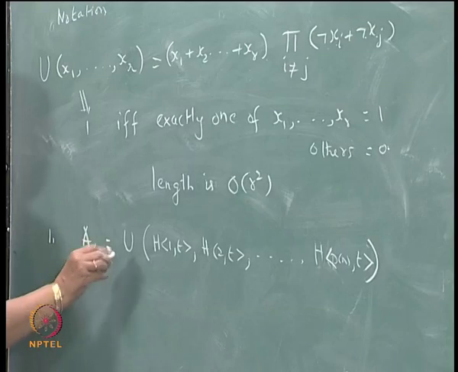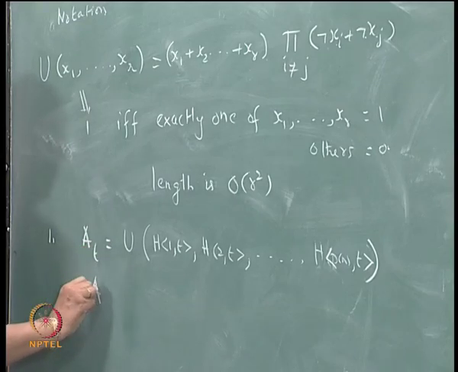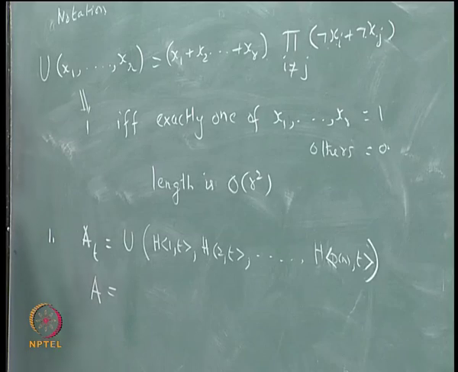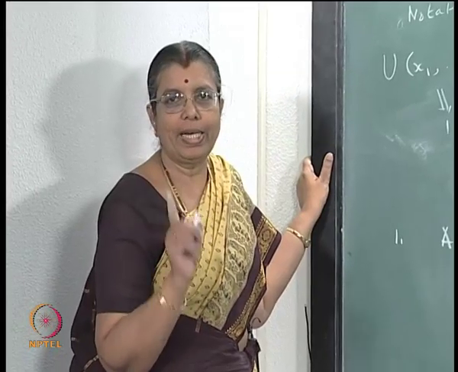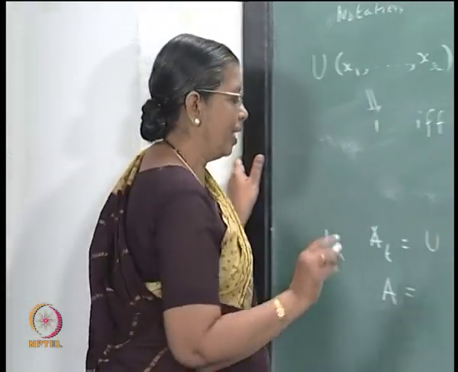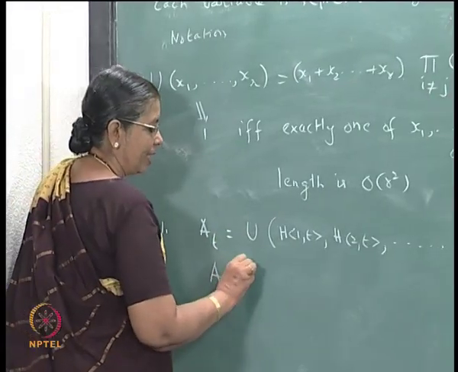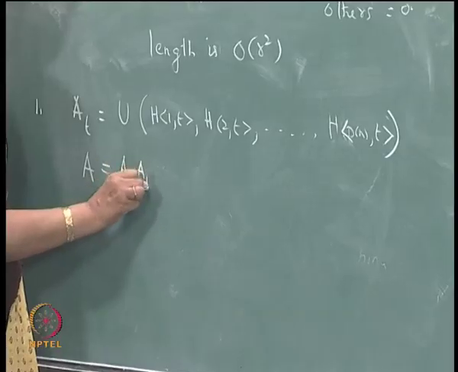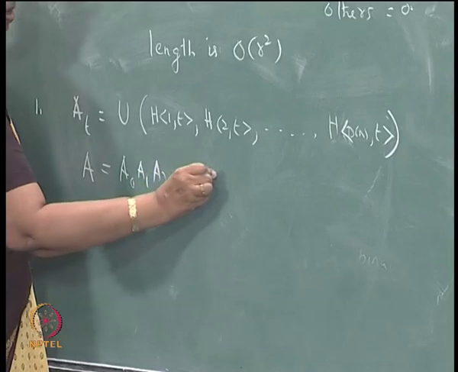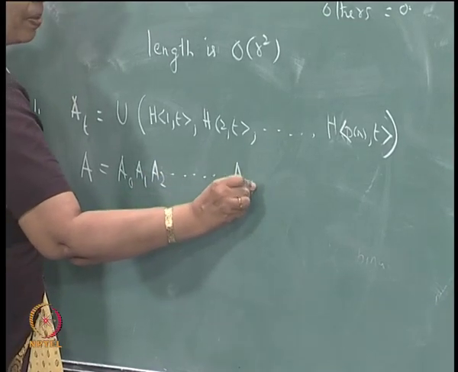The whole expression is such that this should hold for instance t equal to 0, 1, 2 up to p(n). So, the expression A which satisfies the first condition is A0, A1, A2 up to A p(n).